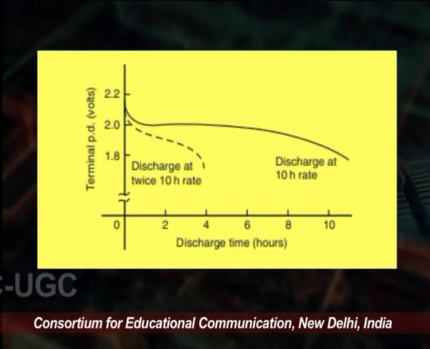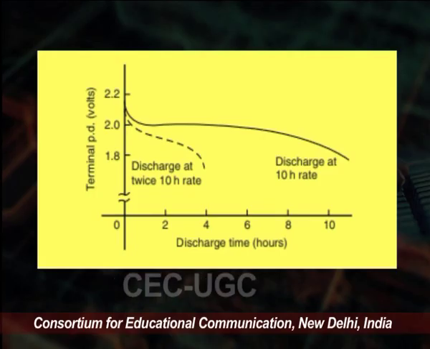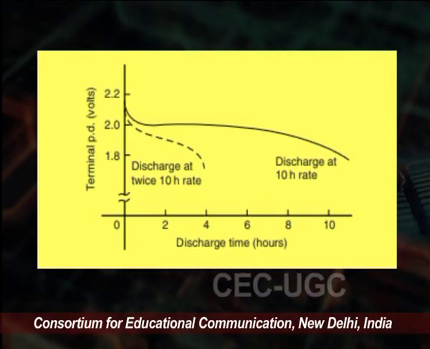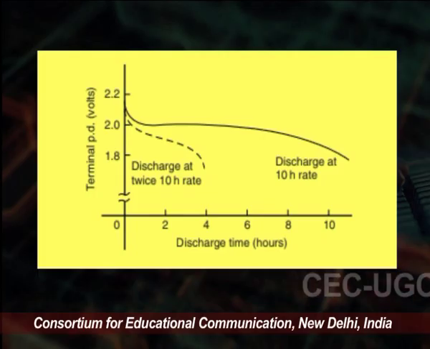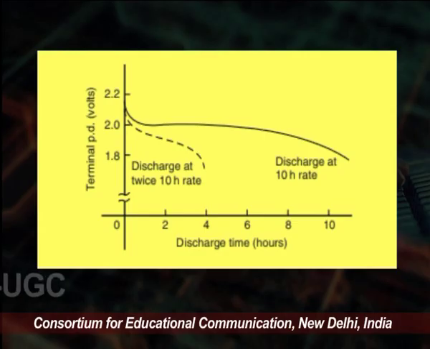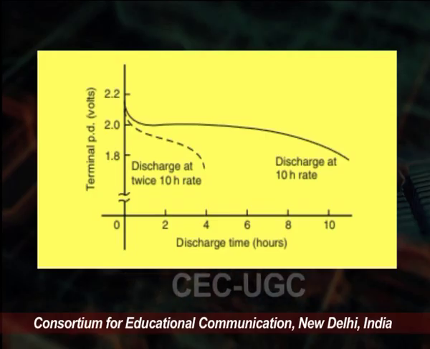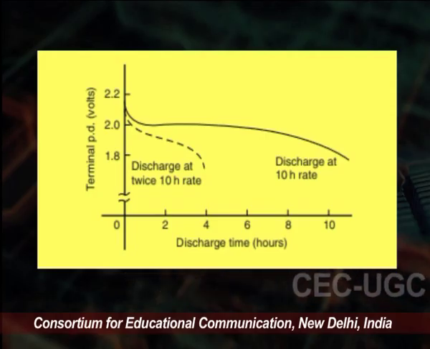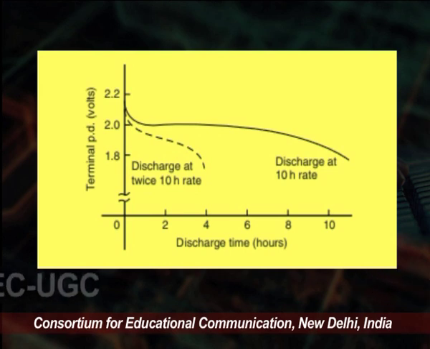So if it is doubly used, then it is discharged faster. If it is singly used, then in the 10 hours it will work. So this cell capacity lets us know how we can use the cell. Discharge capacity lets you know the efficiency of this cell.